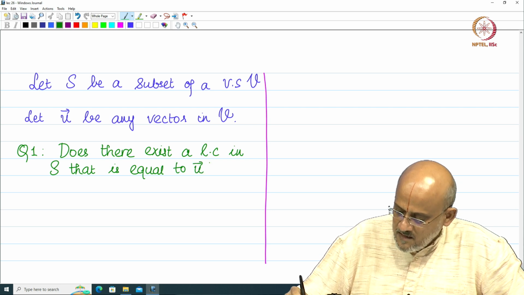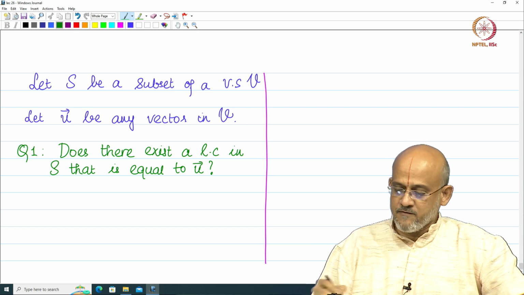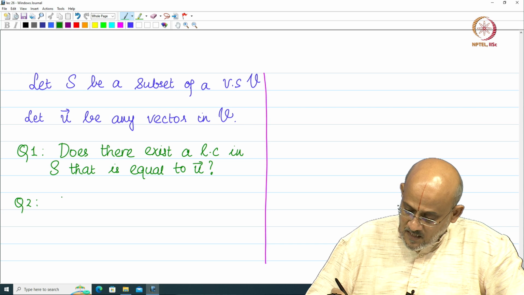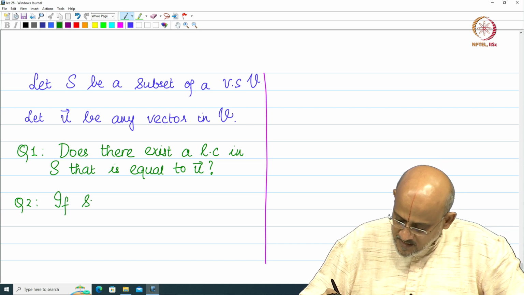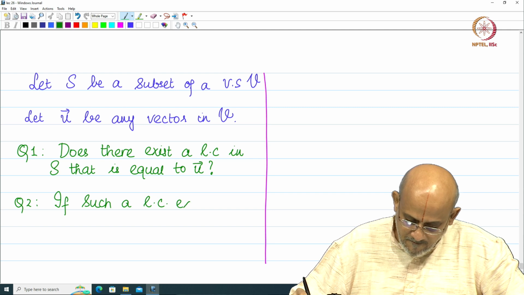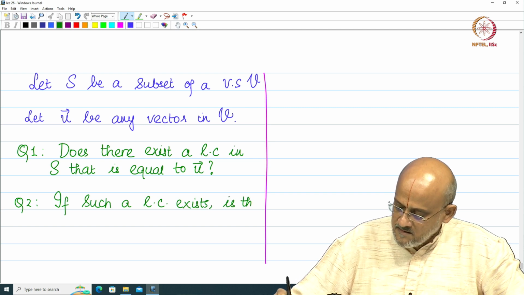What does that mean? We are asking, can U be expressed as a linear combination of the vectors in S? Question 2, if such a linear combination exists, is the linear combination unique?